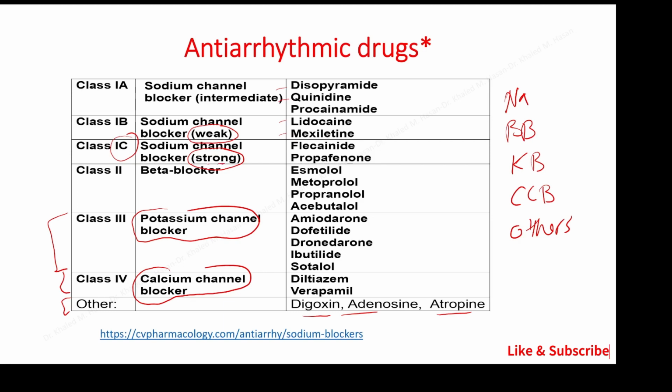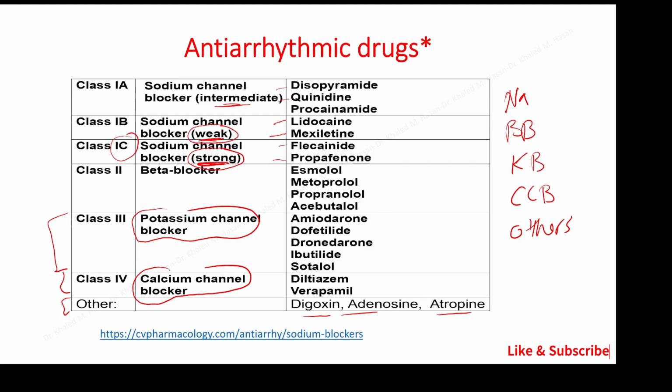Which one is more potent? 1C. Which one is intermediate? 1A. Which one is weak? 1B. So mexiletine belongs to 1B, and lidocaine belongs to 1B. For 1C, we have flecainide and propafenone.